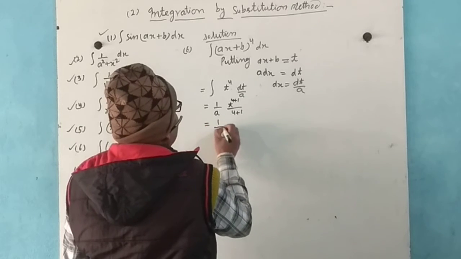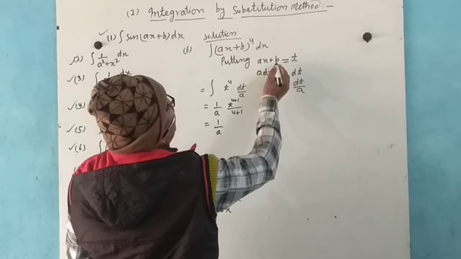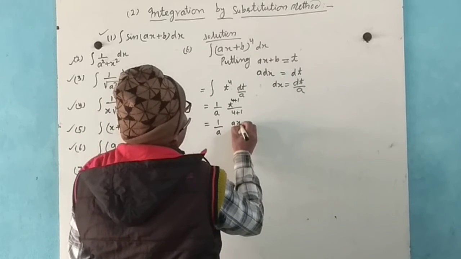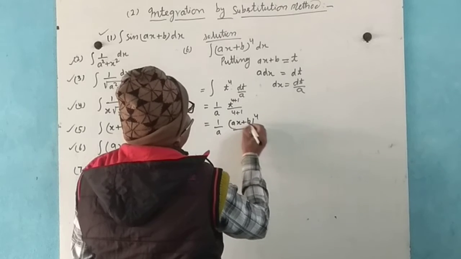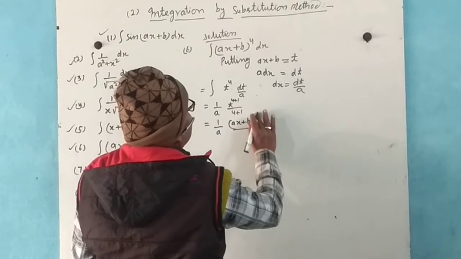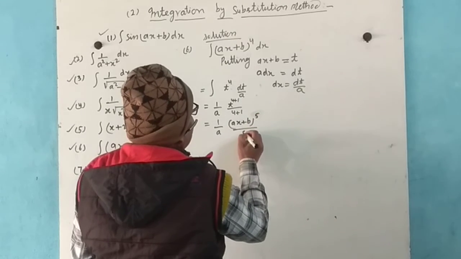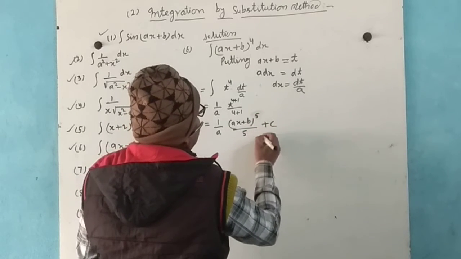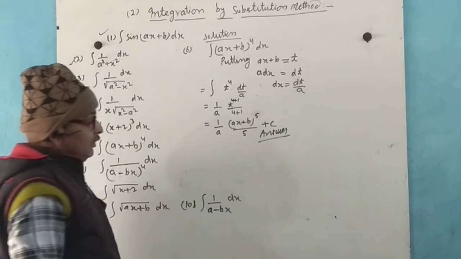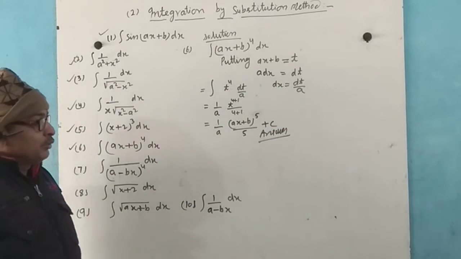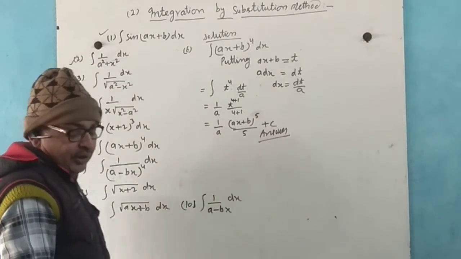Now 1 by a, t equal to ax plus b, so ax plus b to the power 5 divided by 5 plus c. This is the integration: 1 by a, ax plus b to the power 5 divided by 5 here.